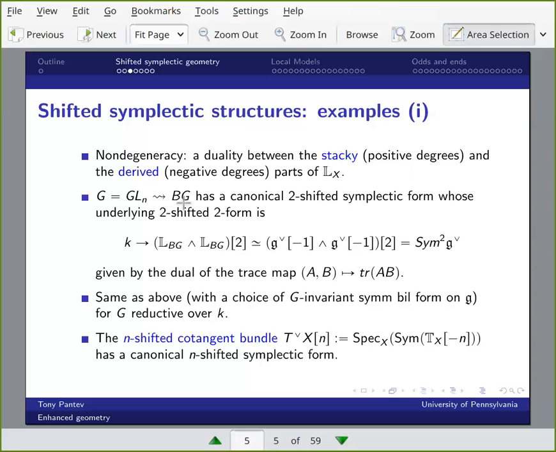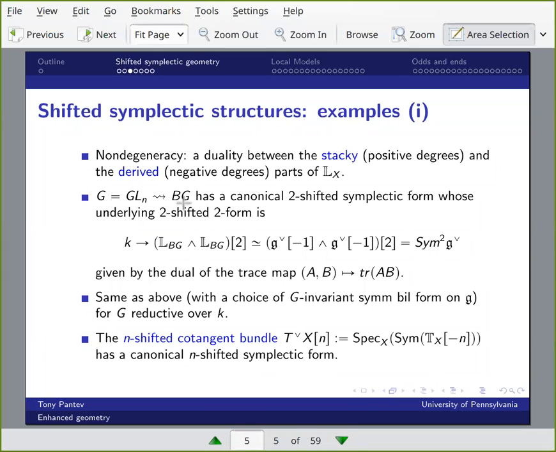The cotangent complex has pieces that are responsible for the extra nilpotence. They sit in negative degrees. It has pieces that are responsible for the extra automorphisms. They sit in positive degrees. And the symplectic form actually identifies these positive guys with these negative guys. So you actually get some way of interpreting symmetries as derived functions and the other way around by using the symplectic structure.